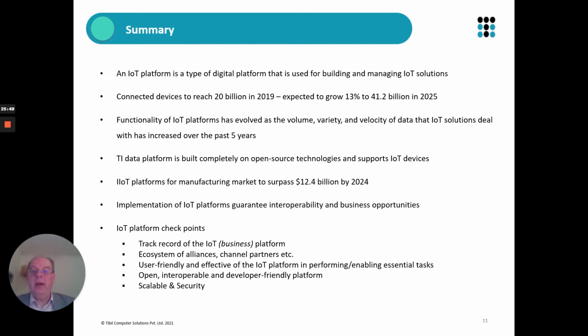That's why cybersecurity, making sure that the IoT platform uses certain security parameters, is very essential. And when you budget for it, a certain budget needs to be always set aside for cybersecurity.